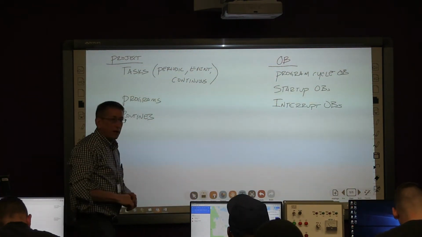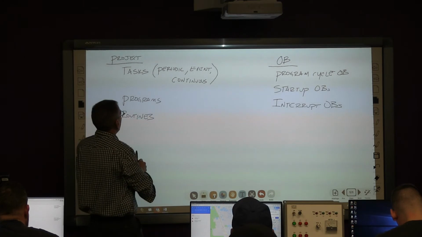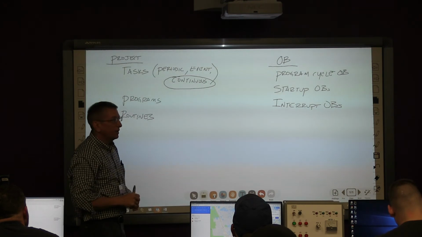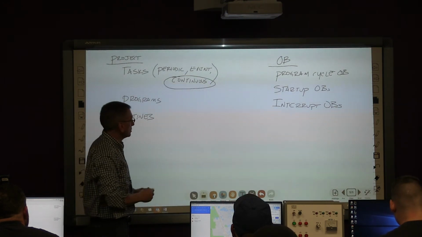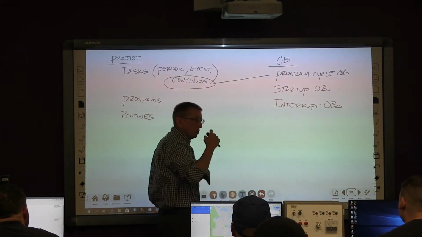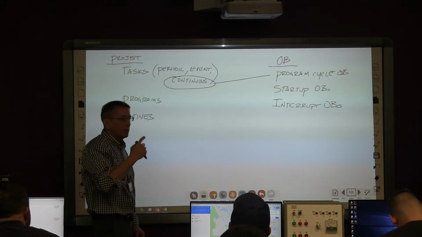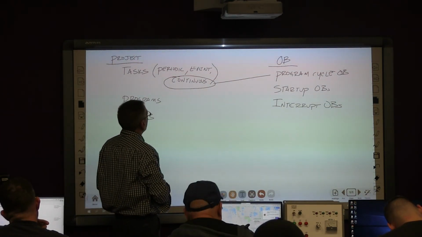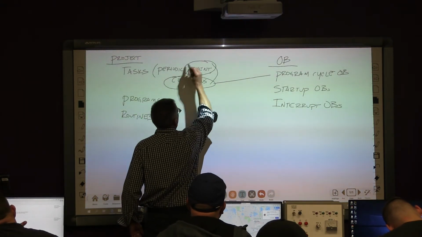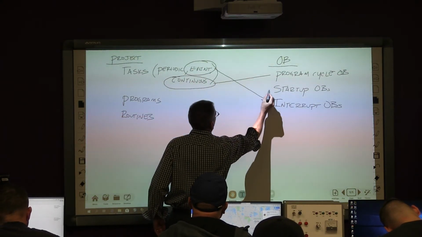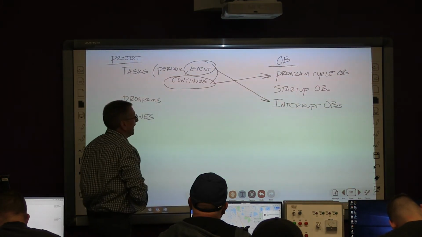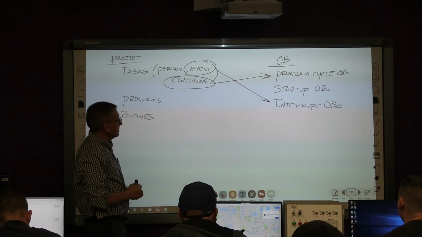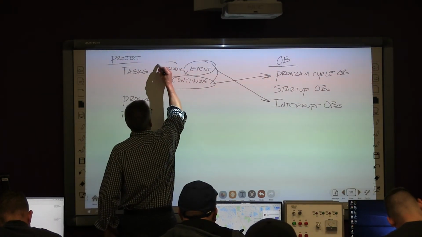Do you see the similarities here? A continuous task, what kind of OB is that? Program cycle OB, because we're continuously running the program. How about the event? Interrupt. Periodic, obviously, and the startup.